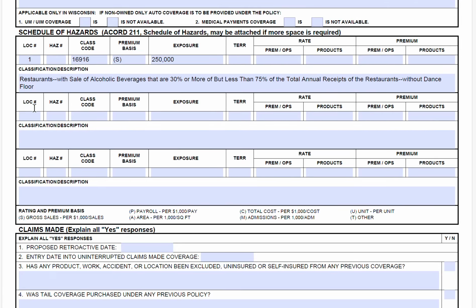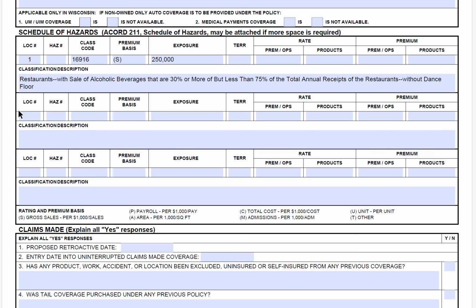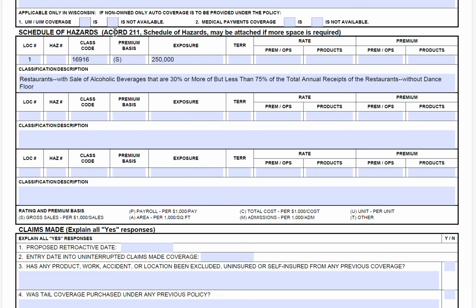So it's very important to know exactly what your company, your insured, is doing. So for example, you may have a janitorial company that cleans inside of commercial buildings, but in addition, they do pressure washing. So pressure washing would also need to be listed here as another hazard with another class code, and all the exposure information listed here as well.